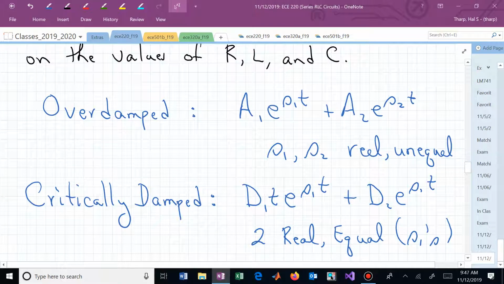And that means we have to make the A e to the st independent, and to do that we introduce a coefficient t in front. We introduce powers of t to give us linearly independent modes for that repeated root at S sub 1.